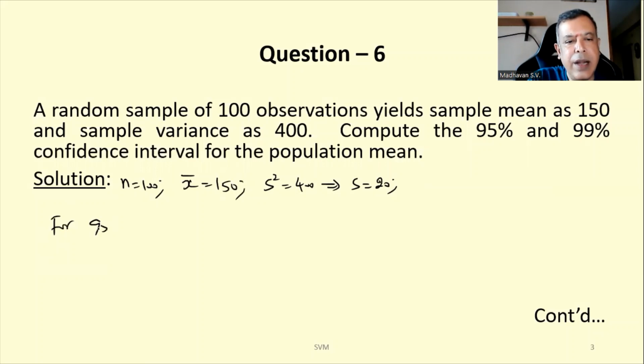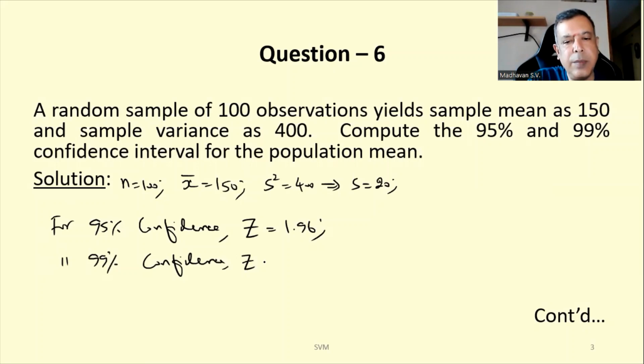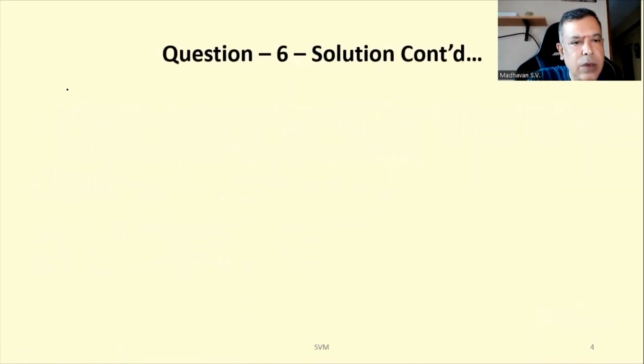For 95% confidence, Z will be 1.96. For 99% confidence, Z will be 2.58. So let us continue. Now the confidence interval will be X bar plus or minus Z S by root n.